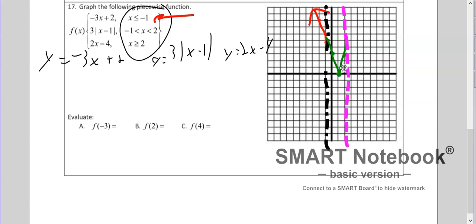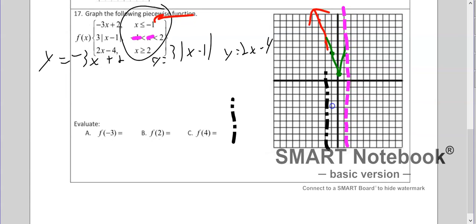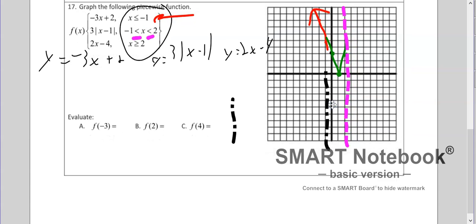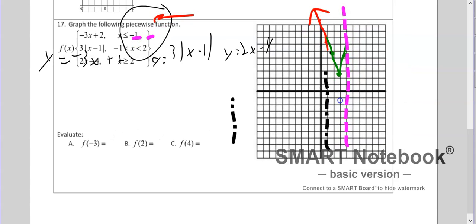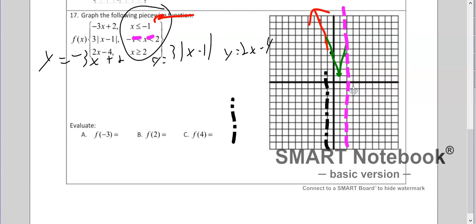And notice it has a less than symbol here. So they're going to be open dots. So if we want to kind of clean this up, whoop, that was a big mistake there. It's not grabbing what I want.